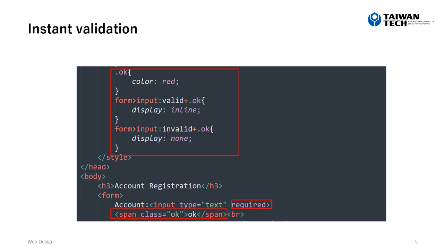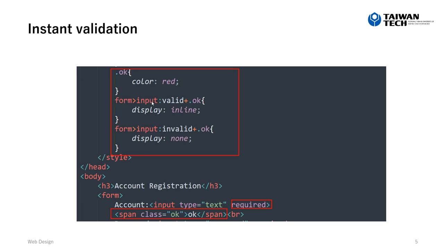But today we just use CSS3 that can help us to finish it because we just want to make sure if today we ask them to fill in all the text, we check if that is valid or invalid. If that is valid we just want to display our OK class, and if not, we just want to set the display to none. So that is the logic.